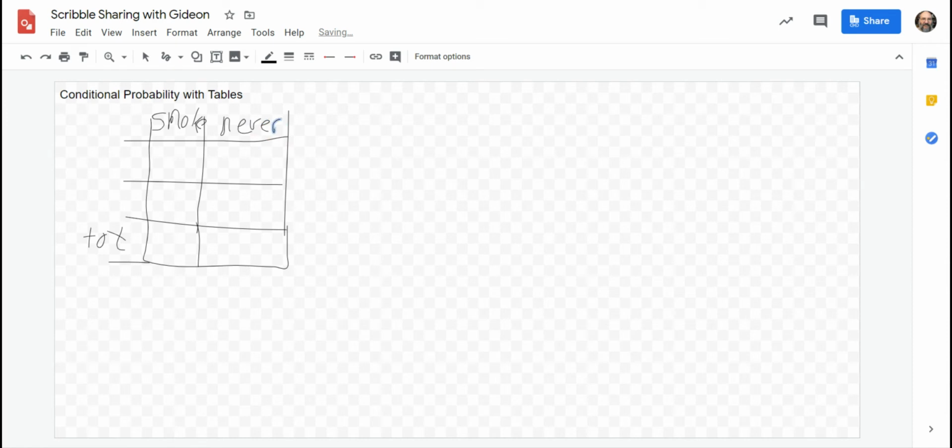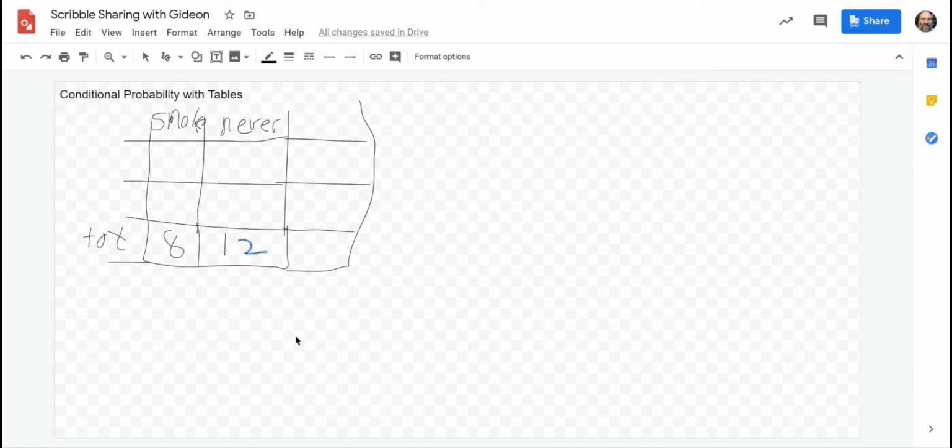Let's say you're being asked a question about how many were. What I'm going to try to do here is make the numbers pretty small so you can follow my percentage work. So let's say that there were 8 smokers and 12 people who never smoked.